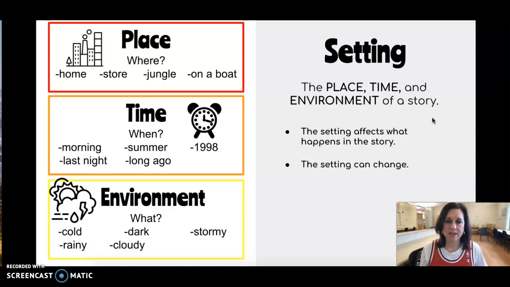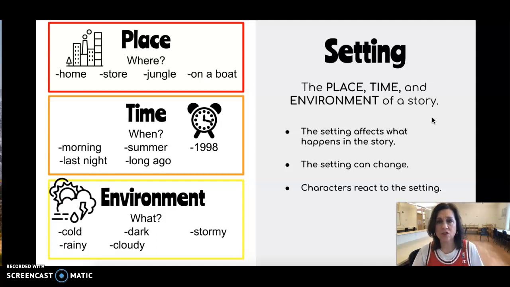So right now, we're going to talk about where our setting is taking place. We know it's in the woods. That's one of the places that's the setting. Characters react to the setting. I mean, when you think about it, it's summer in the jungle, and it's rainy, summer rainy in the jungle.